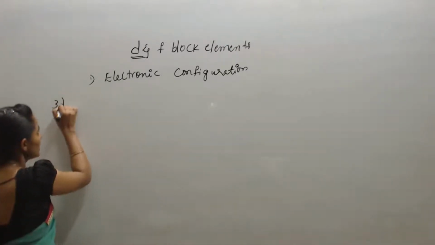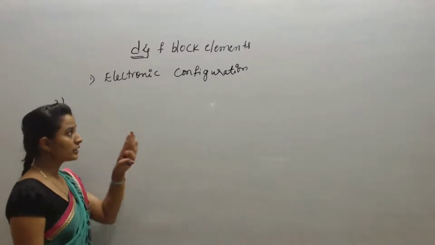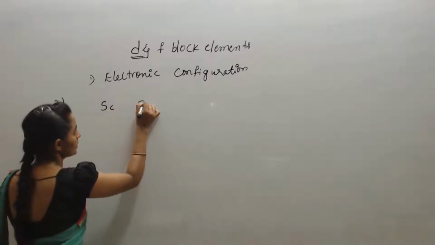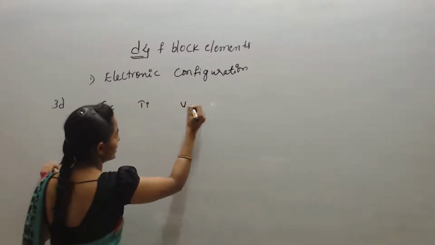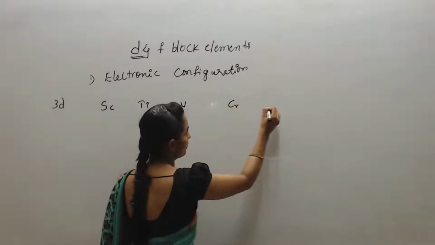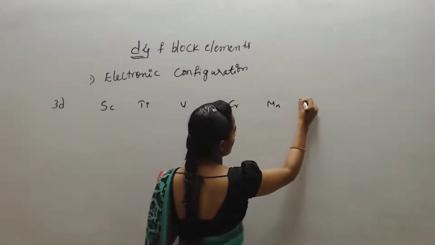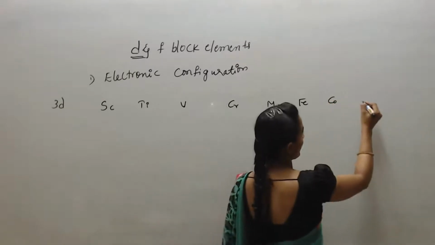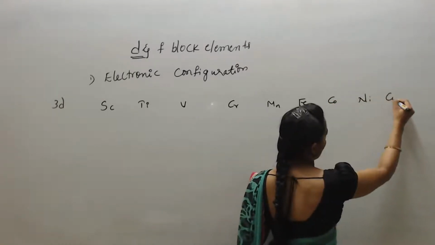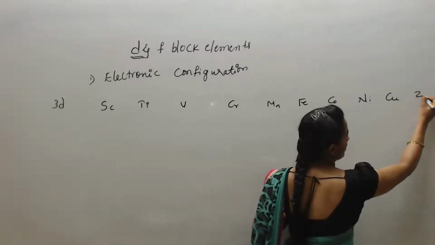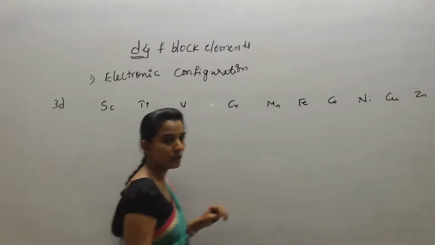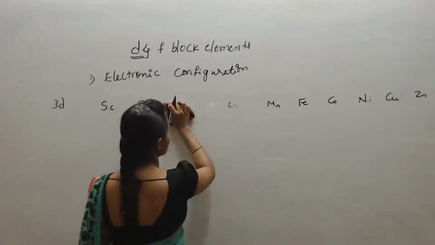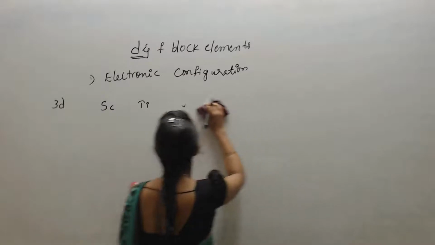The 3d series of the d and f block elements starts from scandium, titanium, vanadium, chromium, manganese, iron, cobalt, nickel, copper and zinc. I think you may see. Okay, scandium, titanium, vanadium.